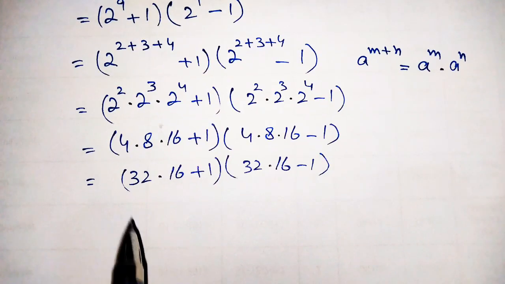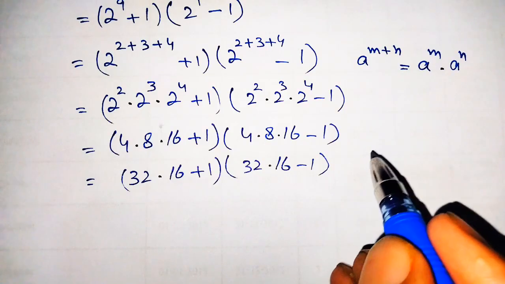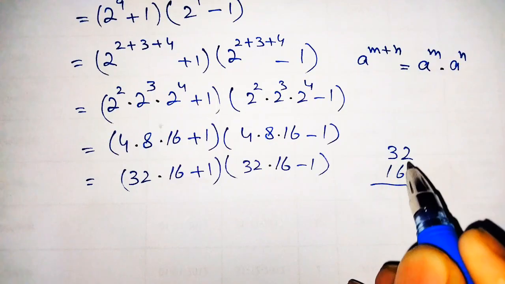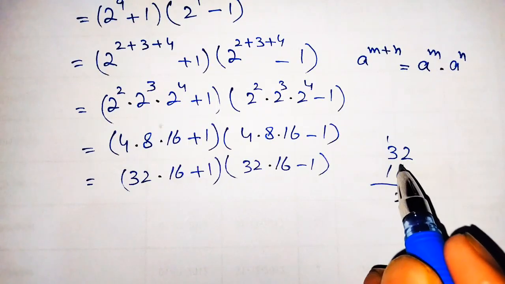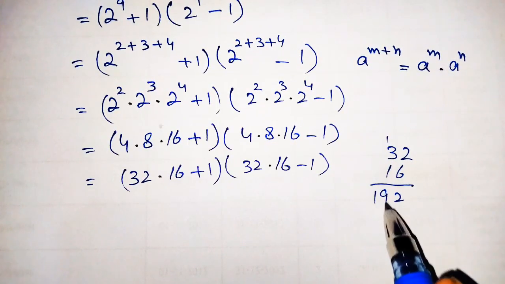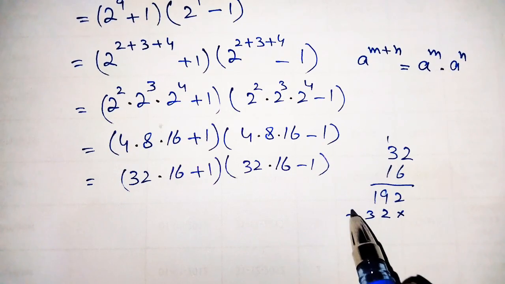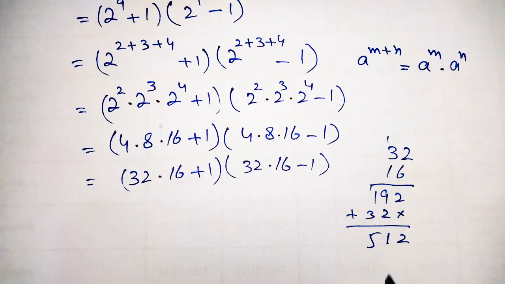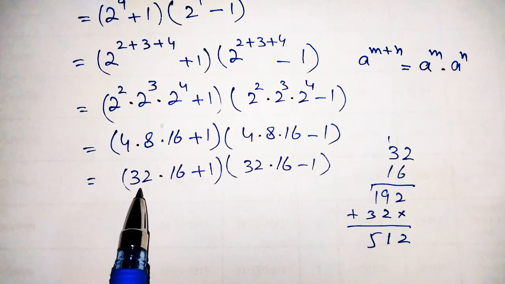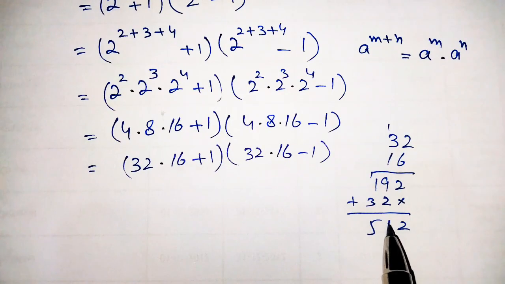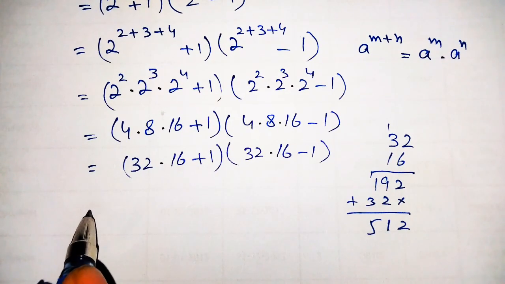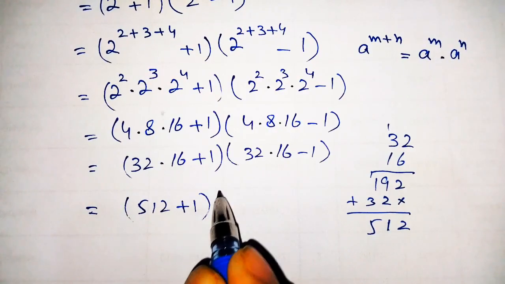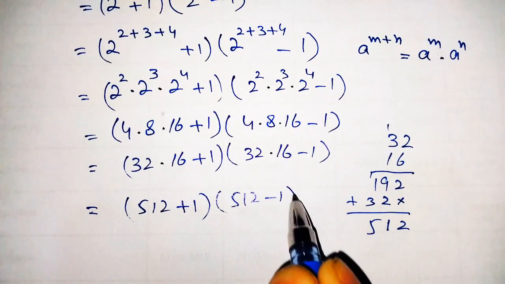Now we will multiply 32 with 16. 32 times 16: 2 times 6 is 12, 1 in carry, 6 times 3 is 18 plus 1 is 19, so 192, then 320, and adding these two we get 512. After multiplying 32 with 16 we get 512. So putting this value in the formula we get (512 plus 1) times (512 minus 1).